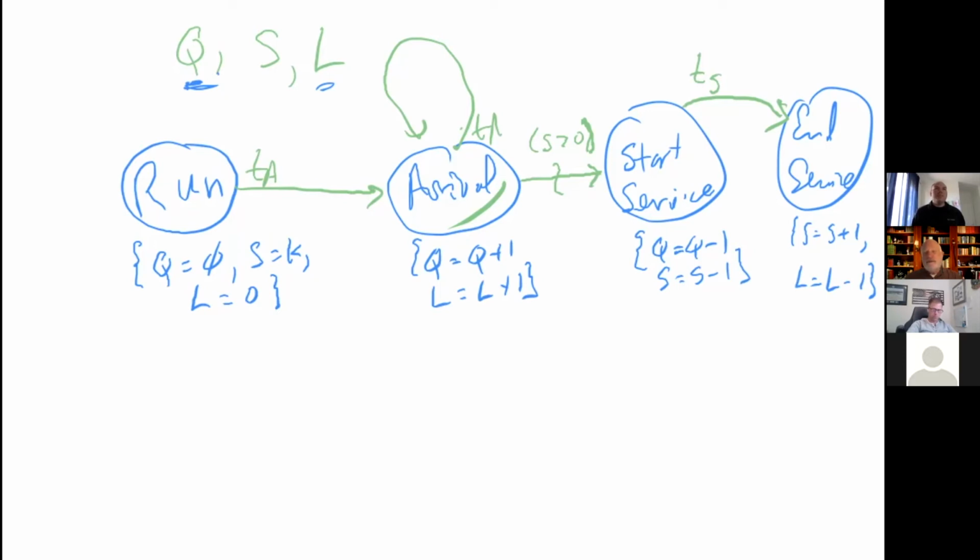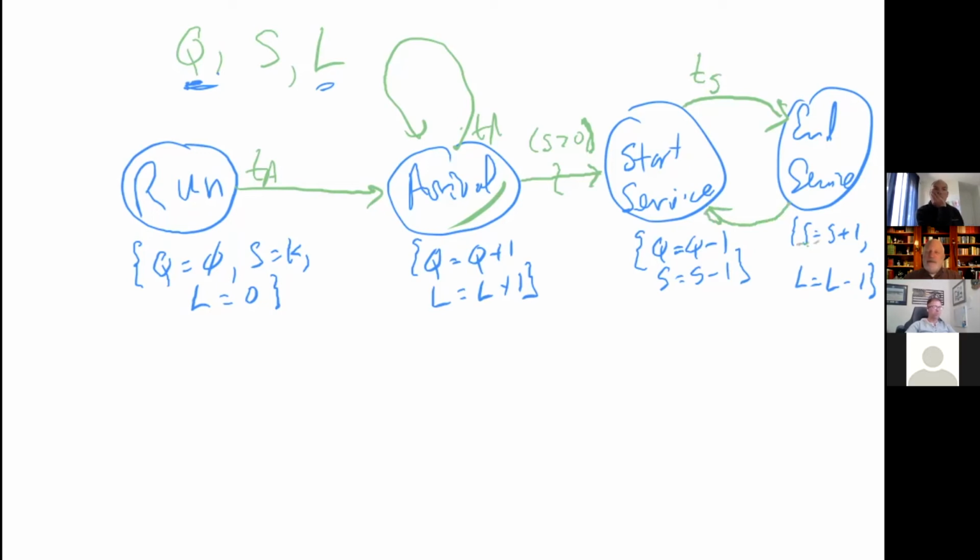So if customers are coming on average every 10 minutes, our service time may have an average of every 7 minutes, or may have an average of 20 minutes or more, depending on what the service is. But that always happens. And then finally, when the end service event occurs, we now have an additional server.